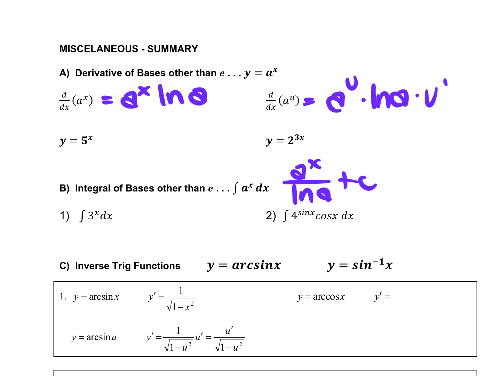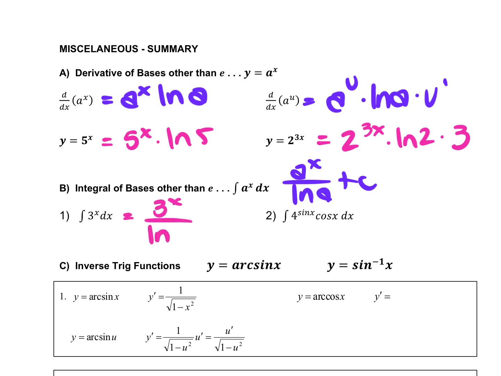So a couple examples of that. If we were doing the derivative of 5 to the x, that would be itself times the ln of 5. You saw that show up in your practice exam. Or if it was 2 to the 3x, it would be itself times the ln of 2 times the derivative of the exponent 3. So kind of like a long chain rule on that. If we're integrating 3 to the x, it would integrate to itself over the ln of 3 plus c, of course.